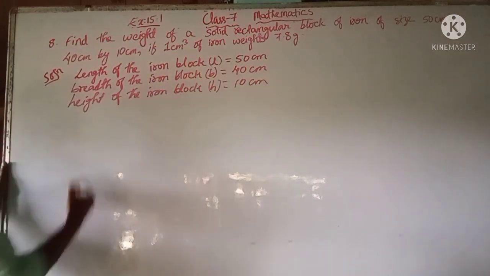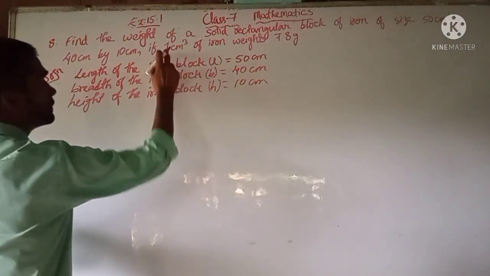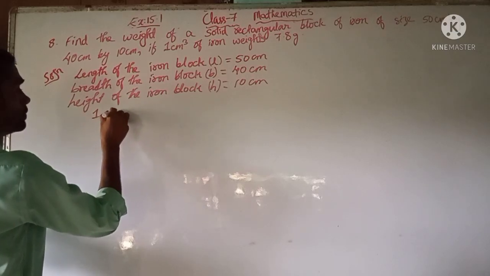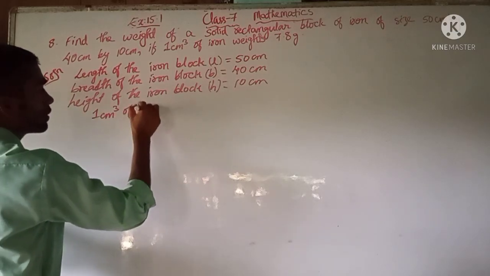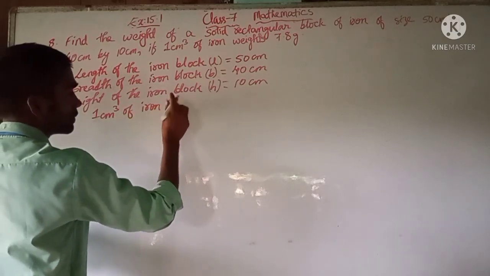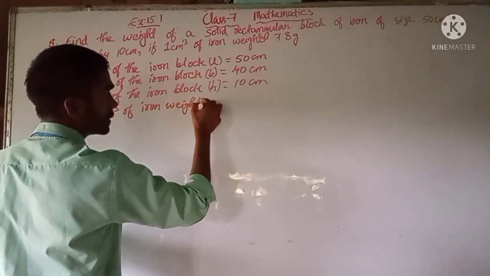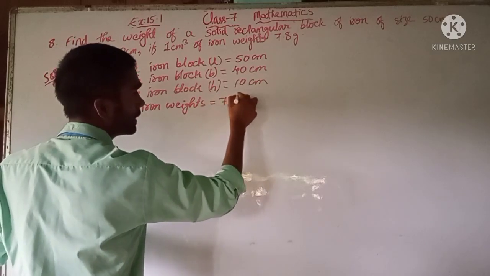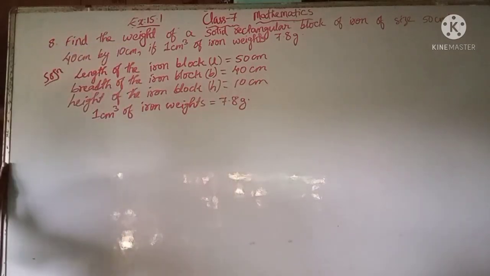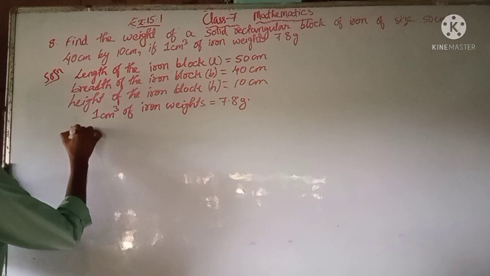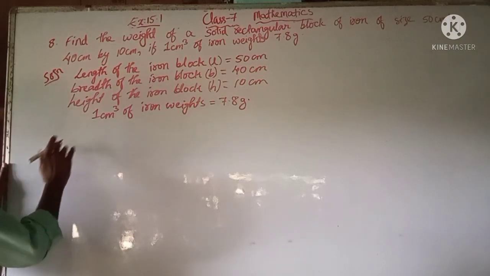Now we will find the volume. So here it is given, that 1 centimeter cube of iron weighs 7.8 gram. This is the condition given. Now we will find the volume of the iron block.